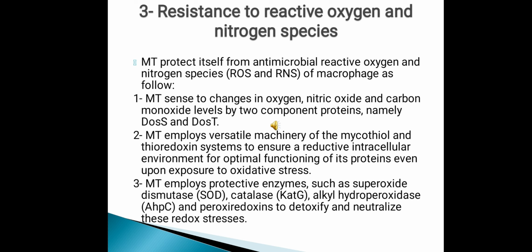When the bacteria senses the presence of oxygen, and mostly if the oxygen level is decreased by the presence of nitric oxide or carbon monoxide, the bacteria has a protein that protects it from these lower levels of oxygen or the action of ROS or RNS. This protein is called DosS and DosT.